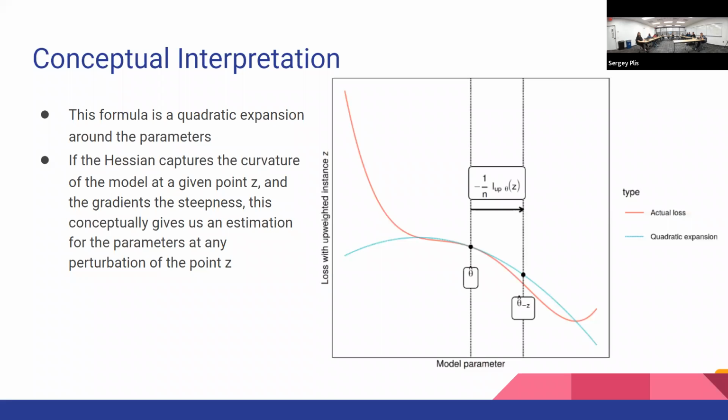It's just a quadratic expansion of the model, so it gives us the loss as a curve rather than a direct line. If you just look at the gradients, you'll see this point move from theta hat, which is the actual parameters, in a straight line, which is something we don't want. We want to look at it as a curve, because we conceptualize this as a curve. There is a comment; there is a drill down on that later.